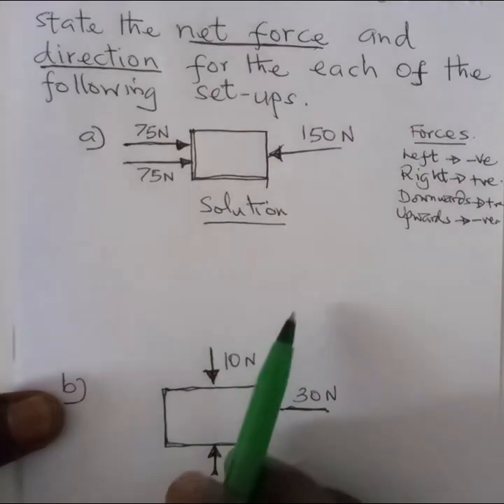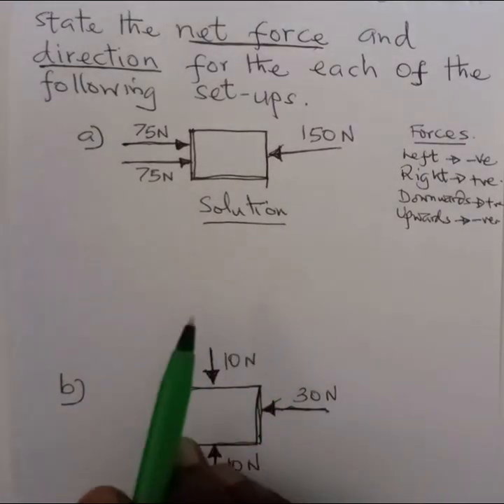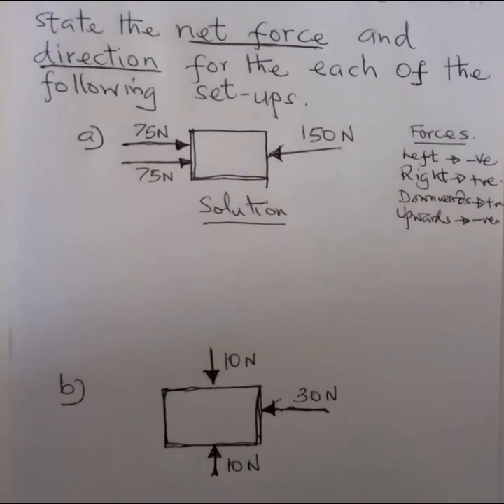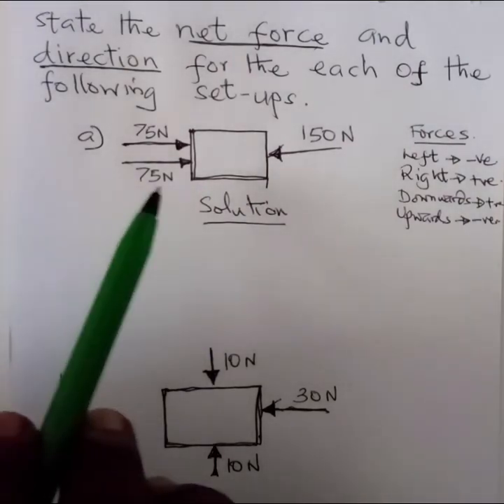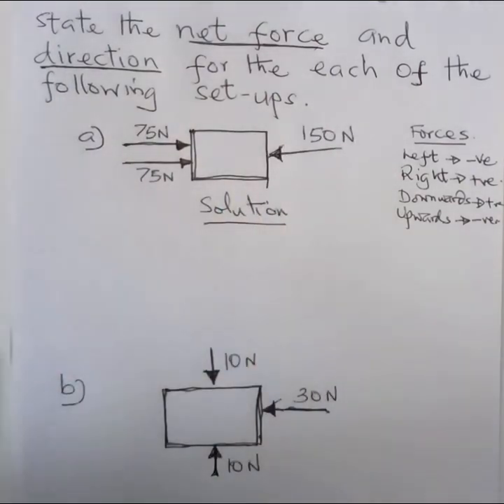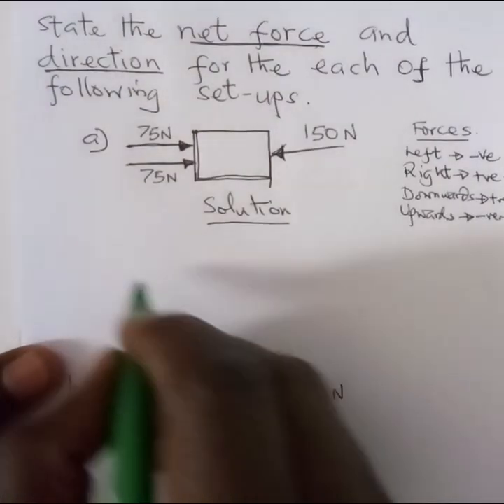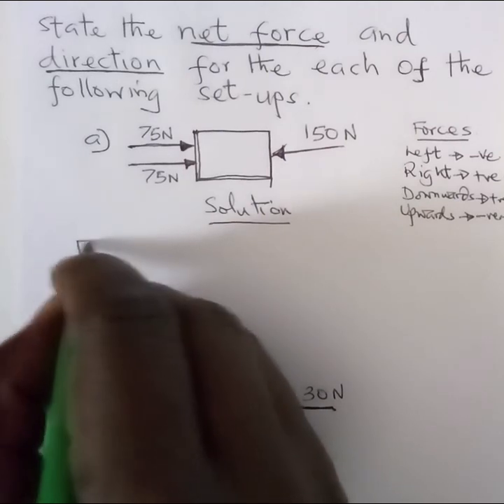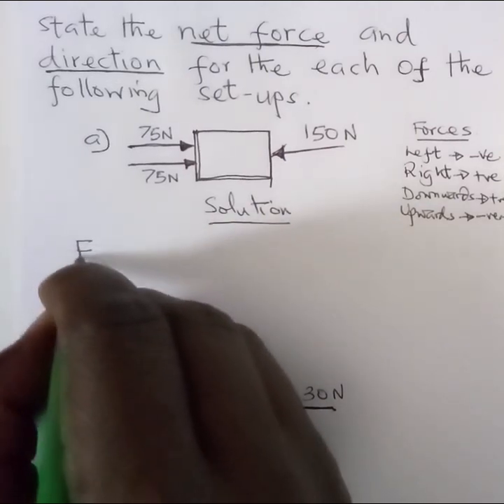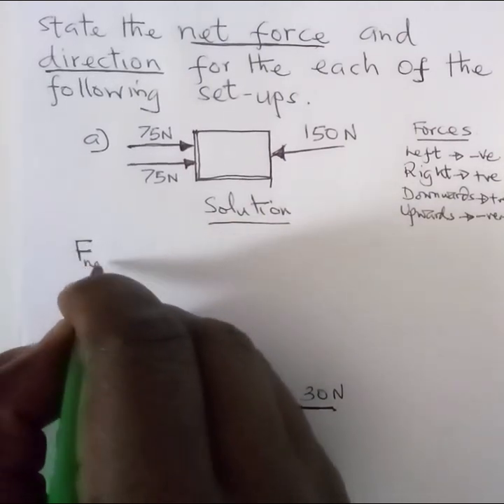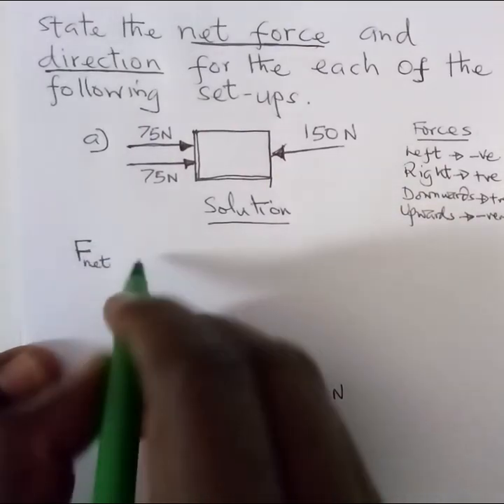Now let's work this one out. What did we say net force is? Net force is the total sum of all the forces acting on a body. Now we have to find the total sum of these three forces. Let me denote it this way, F net.